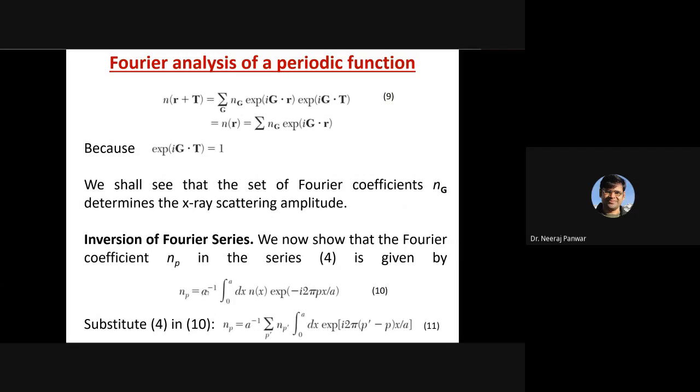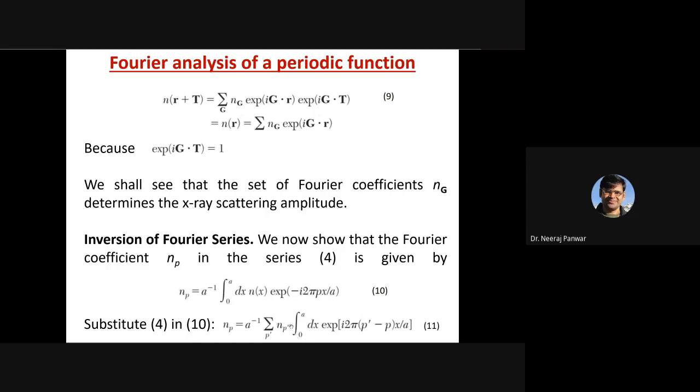The nP is equal to a to the power minus 1, integral from 0 to a dx n(x) e to the power minus i2πpx. Both sides we have multiplied by this and integrate the term between 0 to a. So this is how we are going to get nP, and now we have n(x).